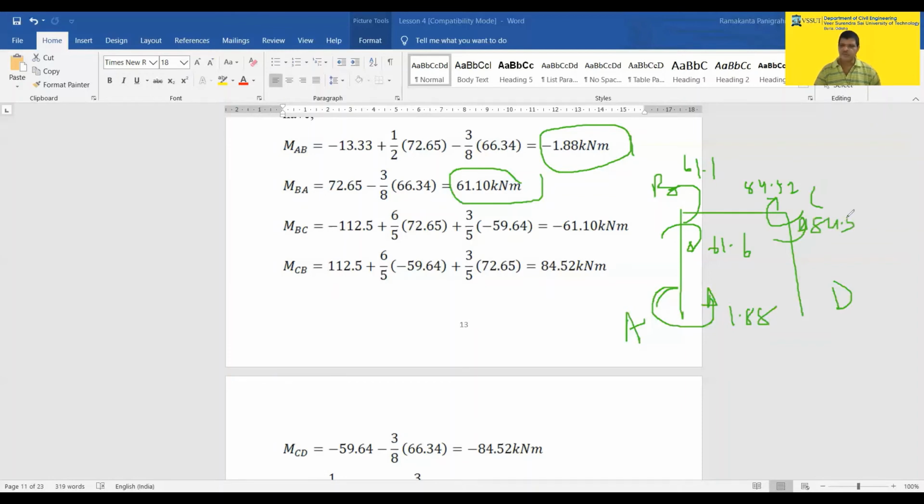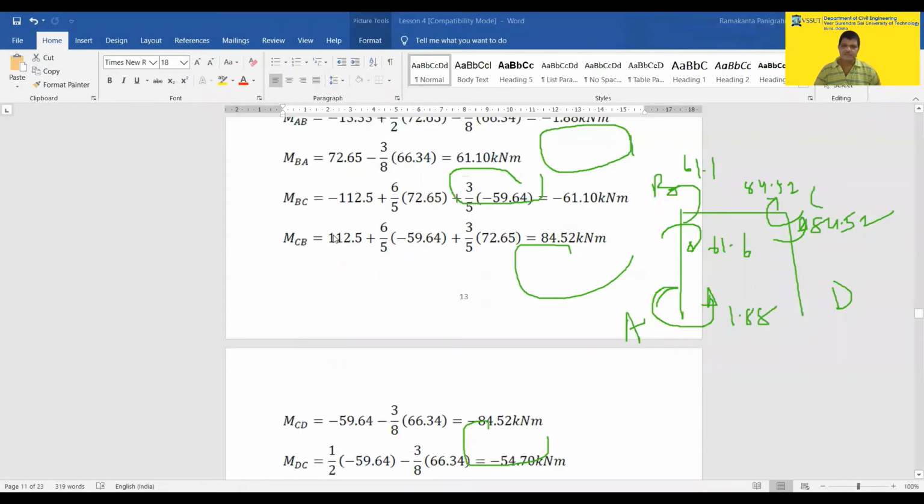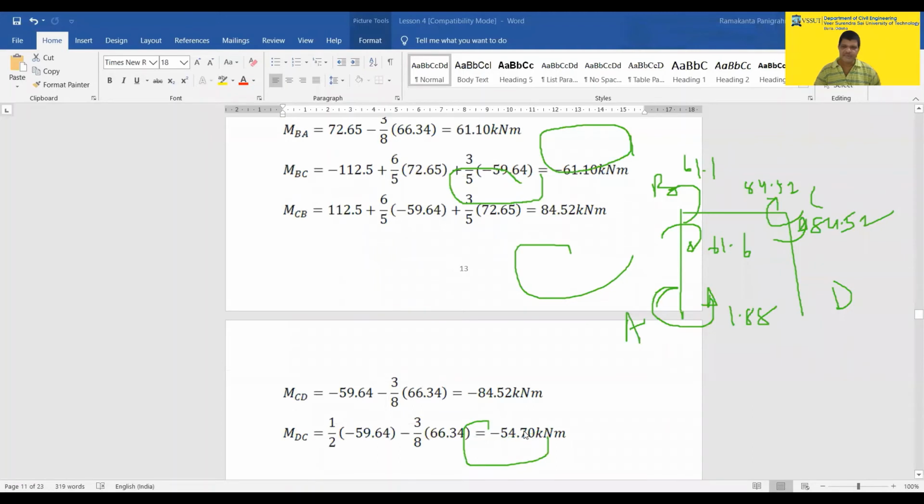This must be equal and opposite. So from this you can know your solution is correct, because on this joint this value is equal to this value, but with a negative sign. If you go for MDC, minus 54.7, minus means it is again anti-clockwise.